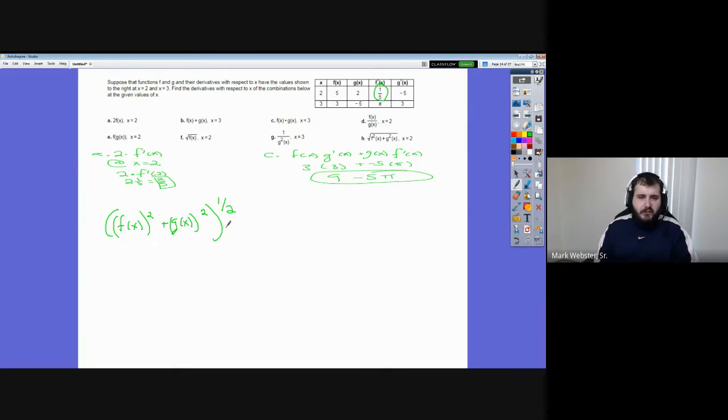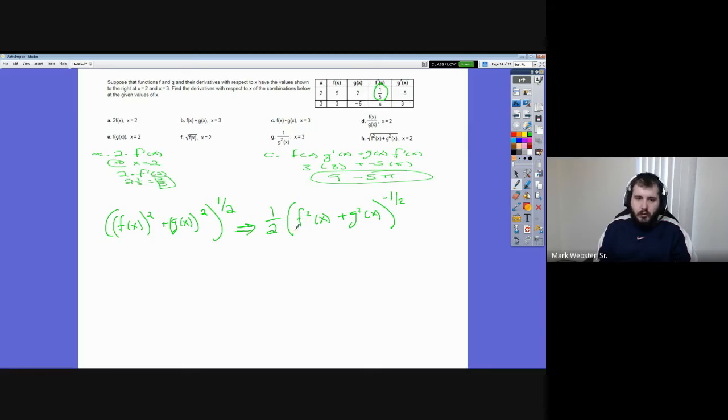So I'm going to take the derivative. Remember, first take the derivative of the outside. And I almost put an equal sign there. That would be a linkage error because I'm going from the function to the derivative. So what happens? I'm going to do the outside, and then I'm going to do the inside.